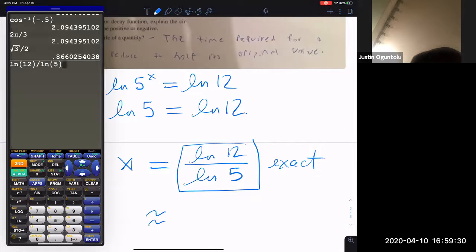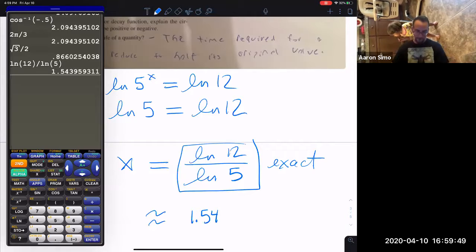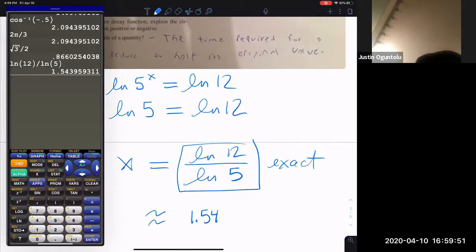I got 1.54... hold on, 1, 2, 3, 4. I was going to say 5439, but there's a 5 back there, so that would make this a 0. So then it would be 1.5410, to the fourth, if I'm going to the fourth.